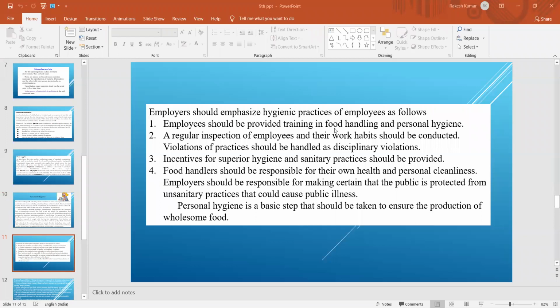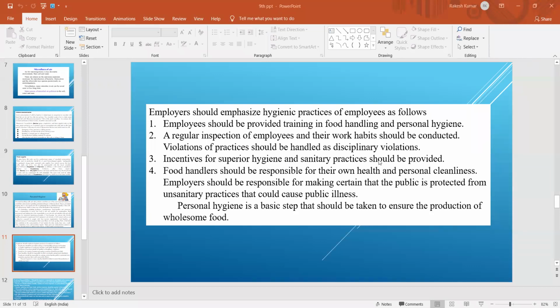Employees should be provided training in food handling and personal hygiene. It is very important. A regular inspection of employees and their work habits should be conducted, and it is also a mandatory requirement from different standard or regulatory bodies to maintain good hygiene among all the dairy personnel. Incentives for superior hygiene and sanitary practices should be provided.